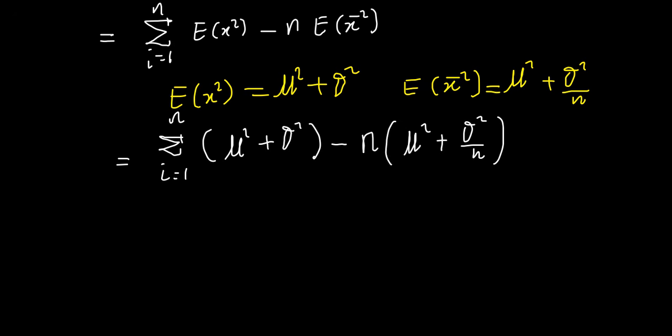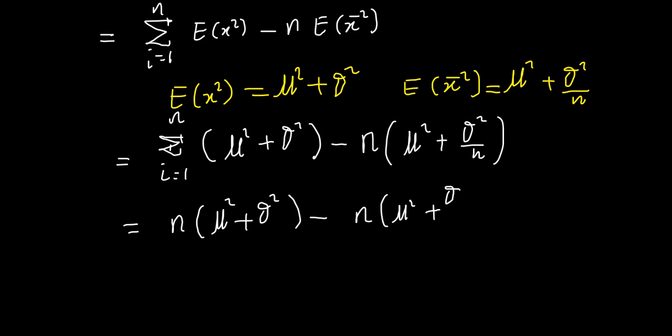Remember what we said, that when you have got the summation from the first term to the nth term of any number, you just multiply n with that number. So this therefore is going to be n multiplied by mu squared plus sigma squared, and then minus, we would distribute also here, but I can first write it like that. So let's distribute.